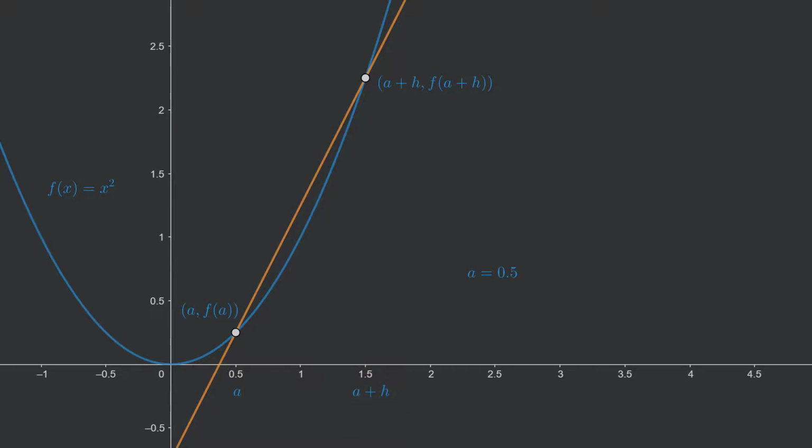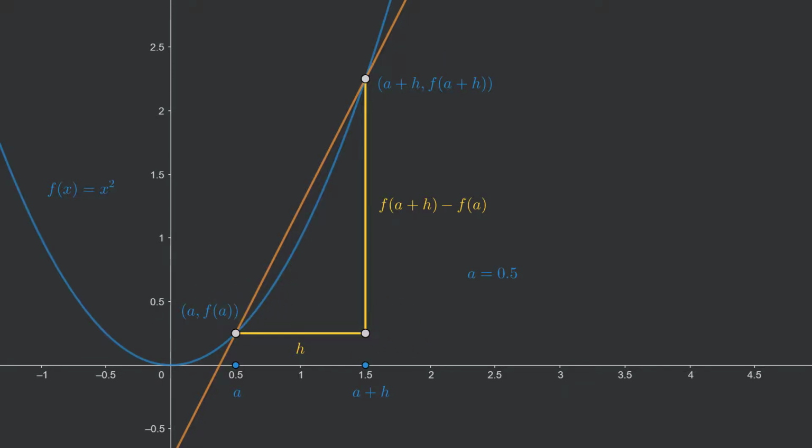Now the next idea is to keep track of the slopes of that sequence of secants. So how do we calculate the slope of that secant? We do this by constructing a slope triangle to the secant. The horizontal leg has length h and the vertical leg has the length f(a plus h) minus f(a), because that is the difference of the y-coordinate of that point and the y-coordinate of this point, which is f(a).